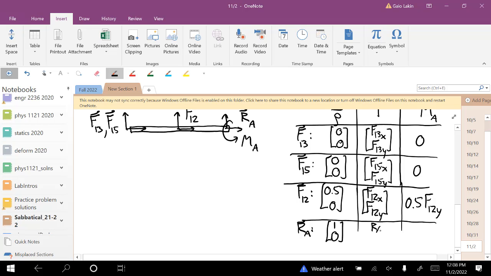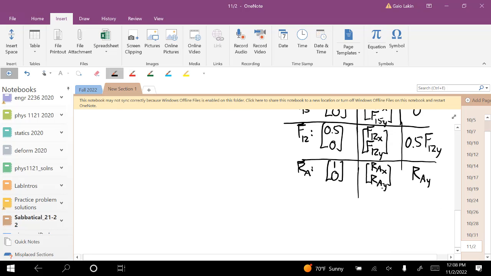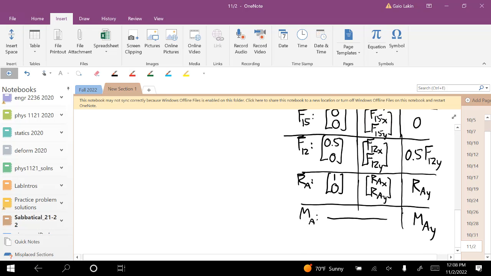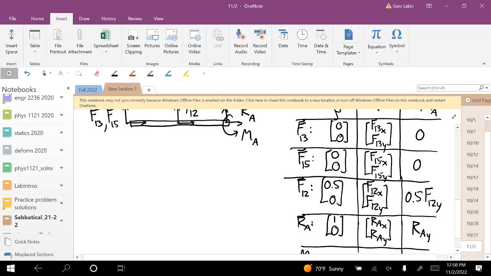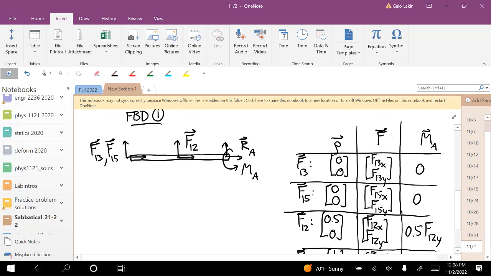Force is RAX, RAY. Cross product is RAY. And then the couple, and that's just MAY. Okay, so that's it for that one. Is that different than I had? No. Okay.